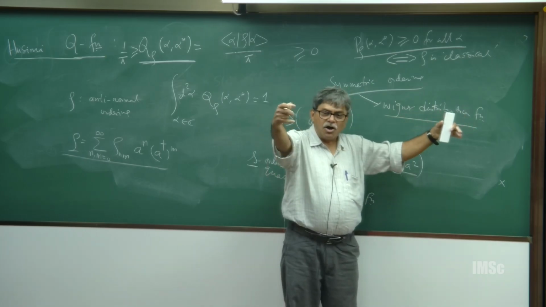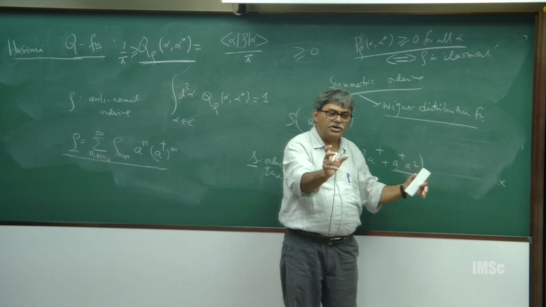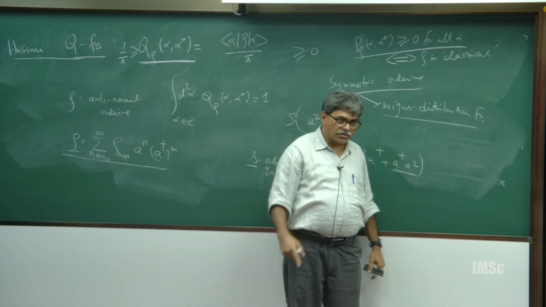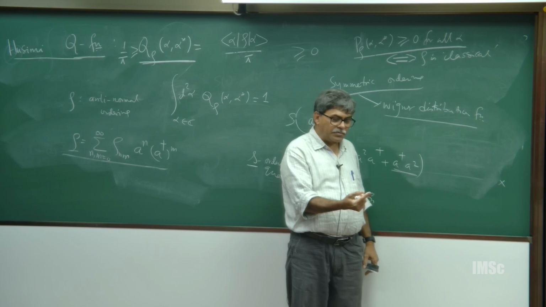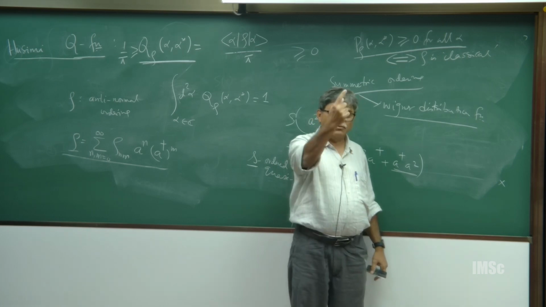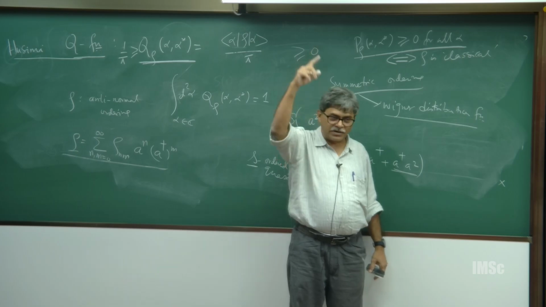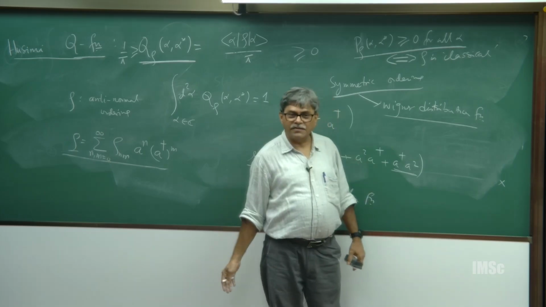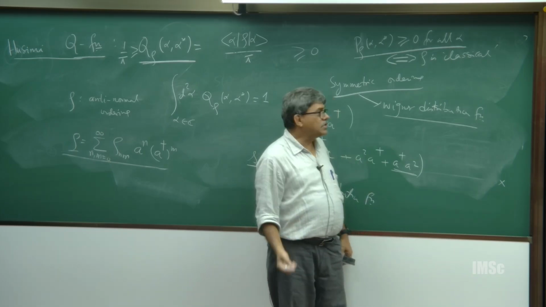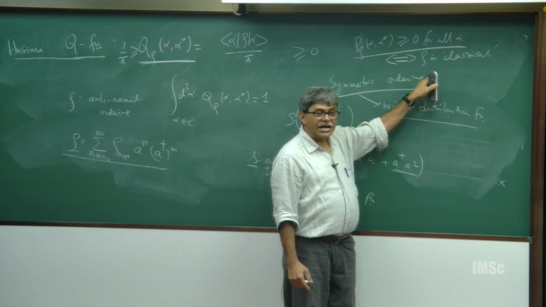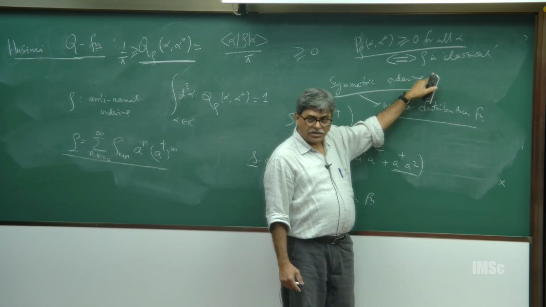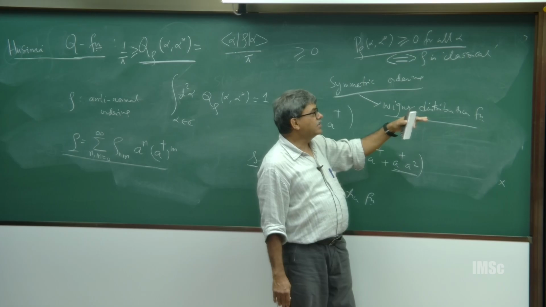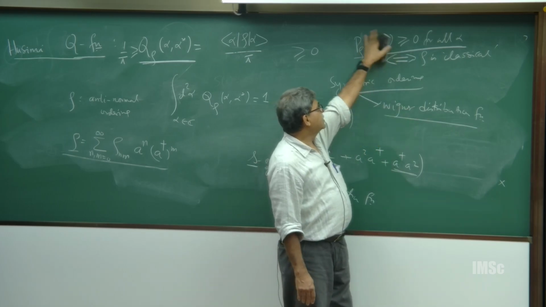I look at how many photons are coming within a small time interval in my detector, and I look at the photon number statistics. Like what is the probability of getting no photon, one photon, two photons, etc. By looking at the photon number statistics, I should be able to figure out whether the state is classical or non-classical.